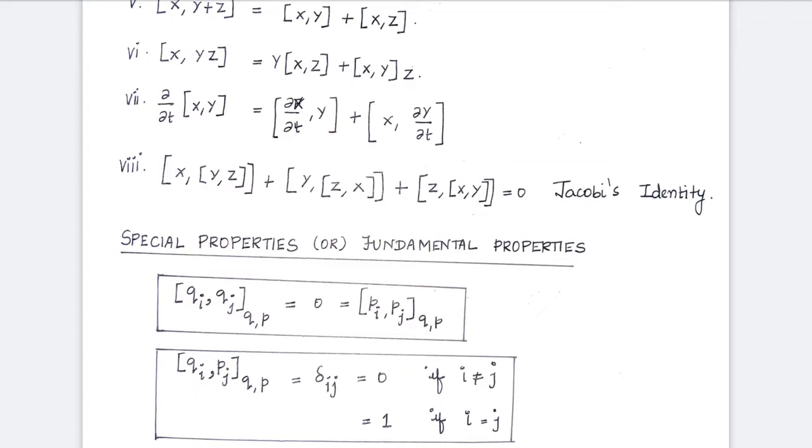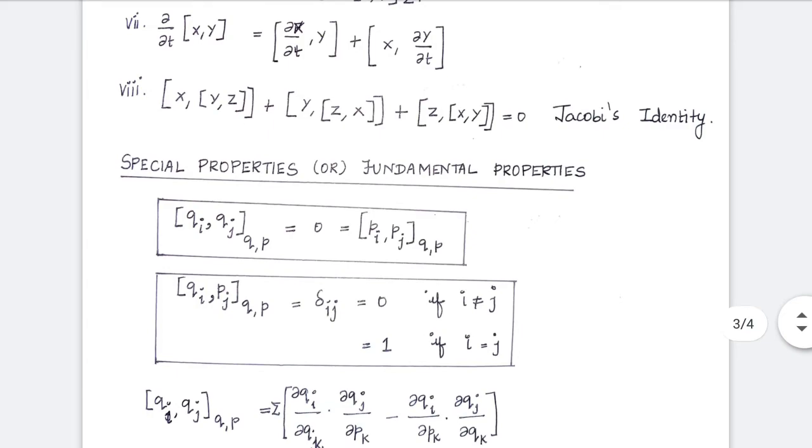Next, there are a few properties of Poisson's bracket which are called the fundamental properties or the special properties. The Poisson's bracket of Qi with Qj, or the Poisson's bracket of Pi with Pj, the position coordinates of the ith and jth particle, or the momentum coordinates of the ith and jth particle, will give you 0.